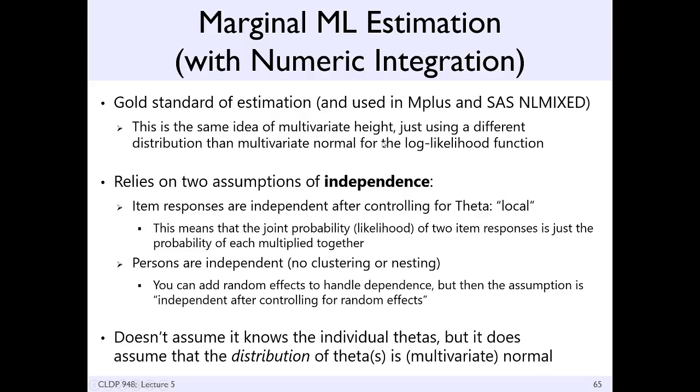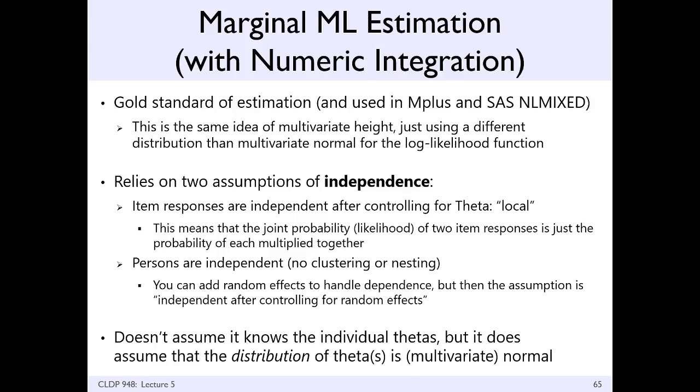It is the same idea of building a height that describes each person's data that we did in CFA. The only catch is, what was the formula for height that we used in CFA? What was it based on? What kind of items were we supposed to have in CFA? Continuous and normal, yeah.